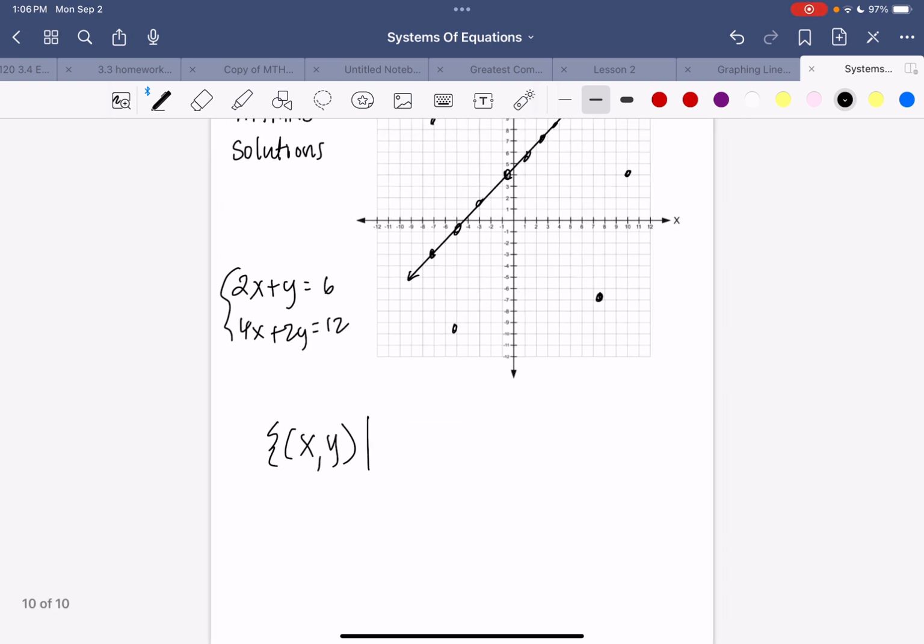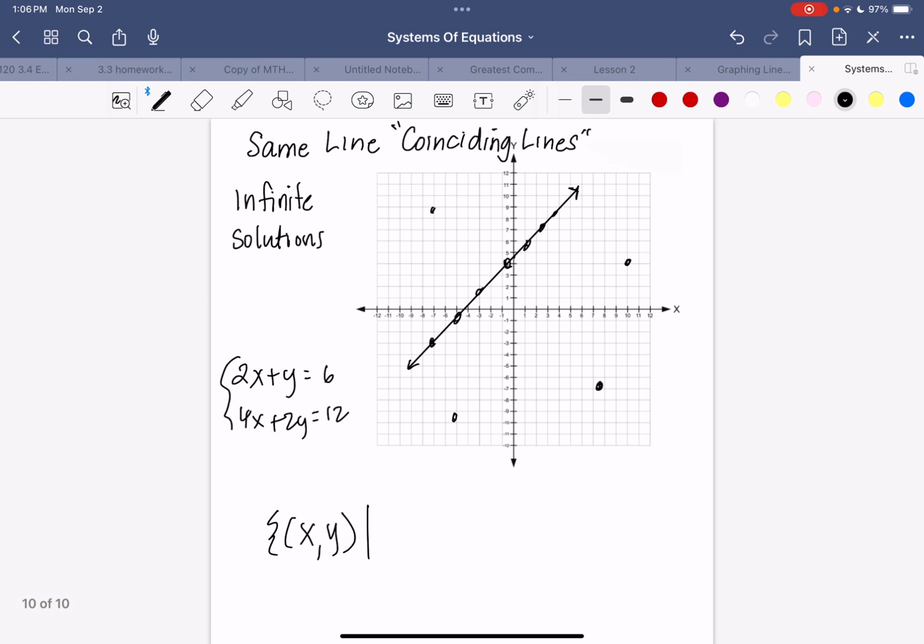This one looks like, let's see, what is this? It crosses at 4.5 and has a slope of, it looks like it's about 1.5. So y equals 3 over 2x plus, let's see, that's 4.5. That would be 9 over 2.